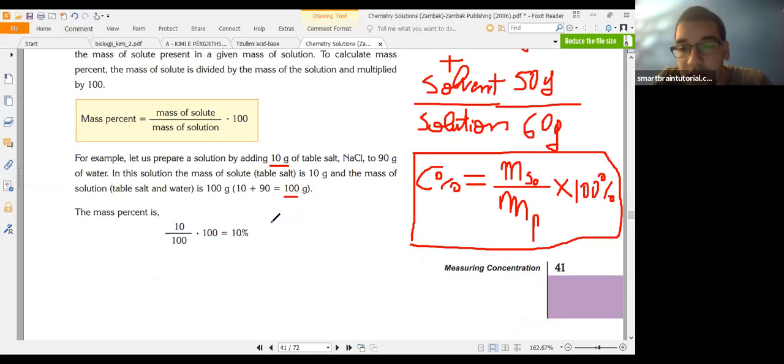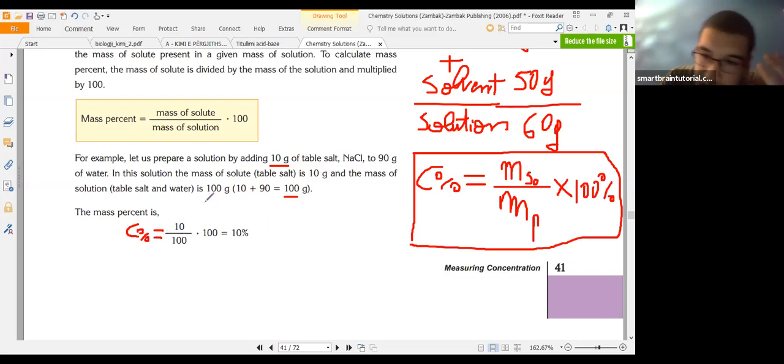What will be the percentage concentration of this sodium chloride? 10 over 100 times 100% will be 10%. This is the mass percentage concentration.